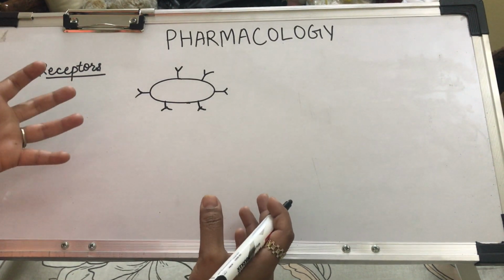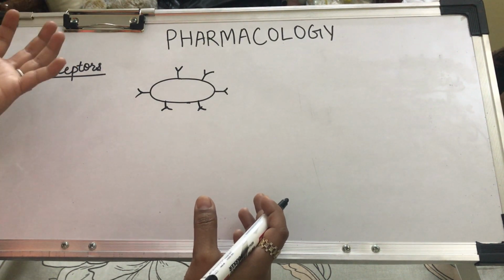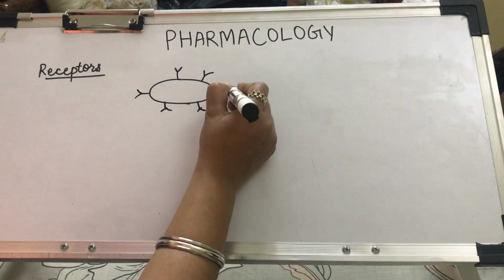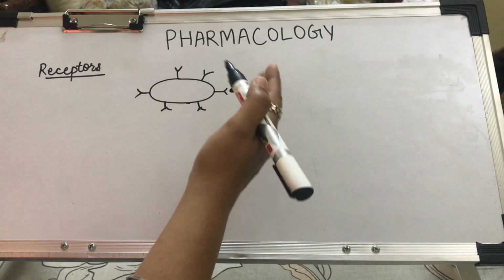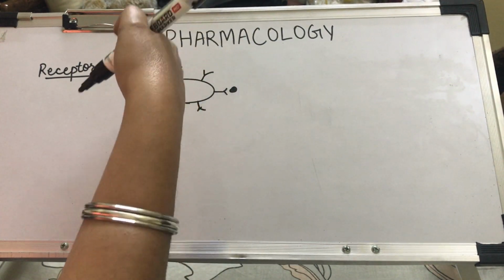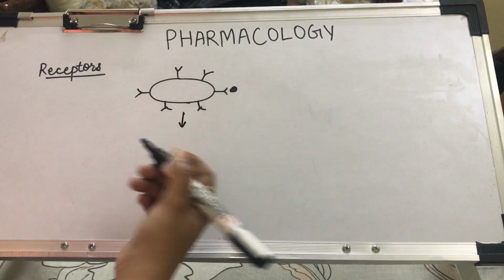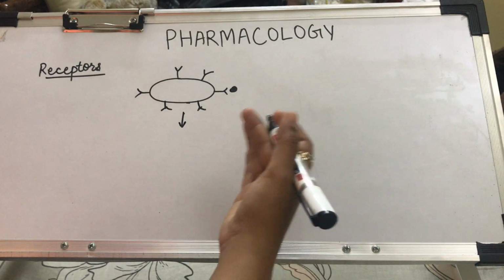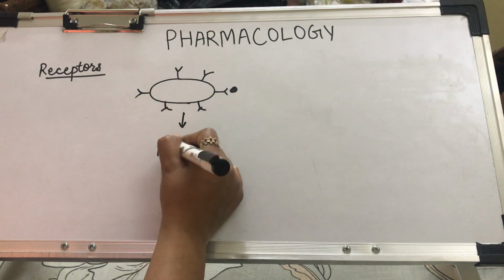They recognize their ligand and bind to that chemical substance or the drug, and this will initiate a conformational change inside the receptor, and this will lead to a series of biochemical reactions which are translated into pharmacological effect.